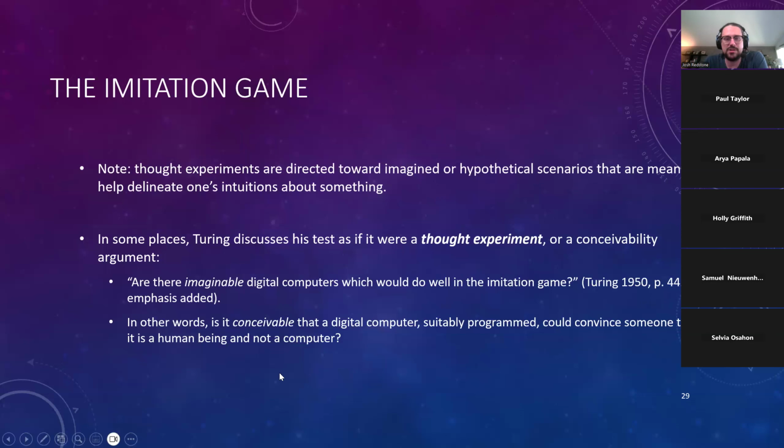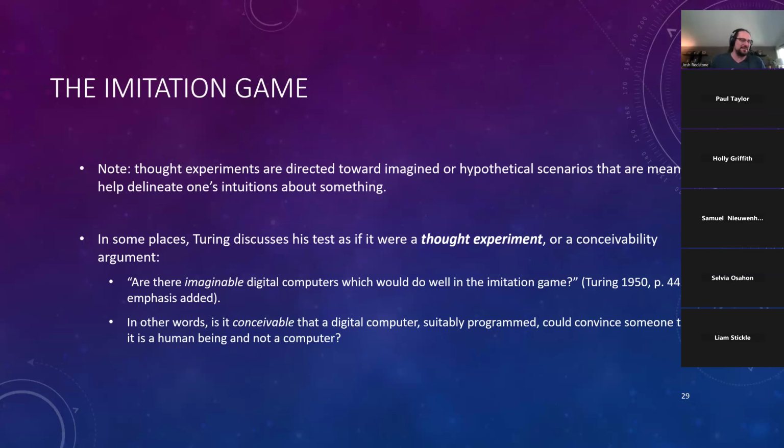So, is it conceivable that a Turing machine could pass the Turing test? Well, in a sense, it ought to be. Because if machine functionalism is true, and all creatures with mentality are really just Turing machines of a sort, then yeah, sure, there are imaginable digital computers that would do well in the imitation game, and they are us.